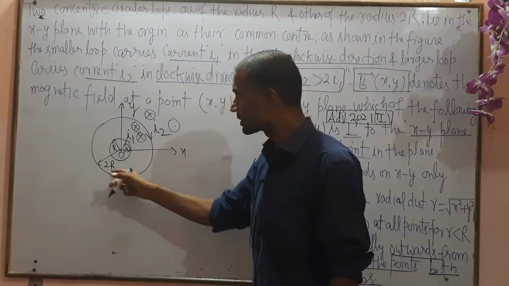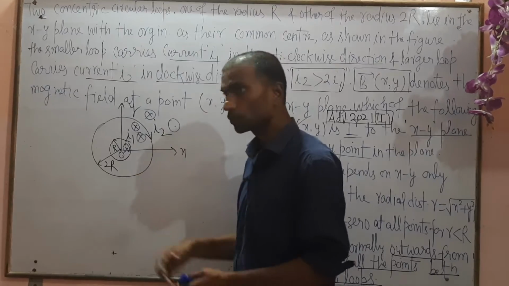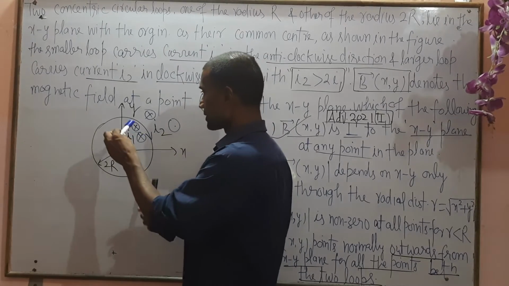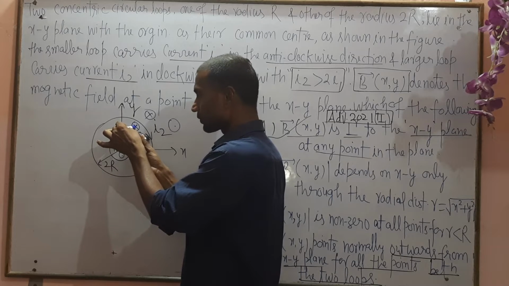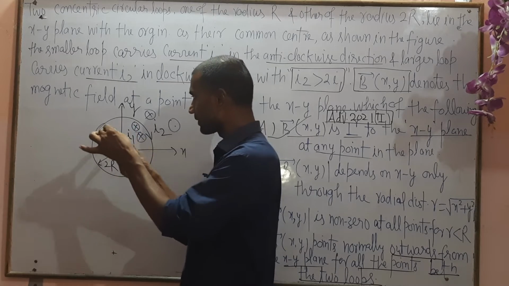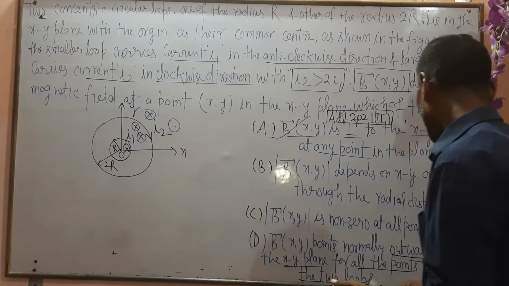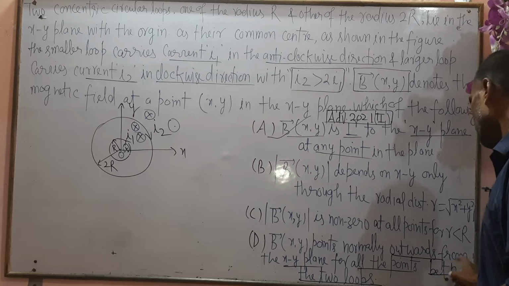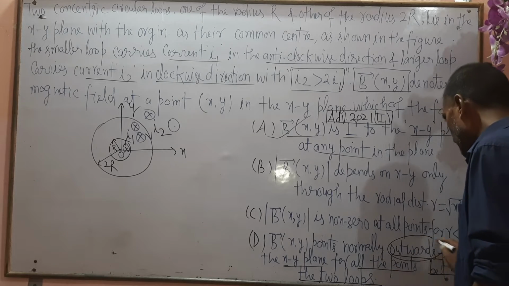So in this region we want the direction of the magnetic field. According to the directions, this is inside the plane and this is also inside the plane. So the net direction of the magnetic field will be inside the plane. But here the given direction is outward, meaning outside the xy plane.